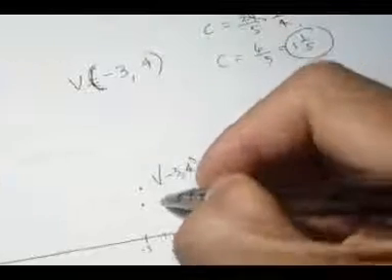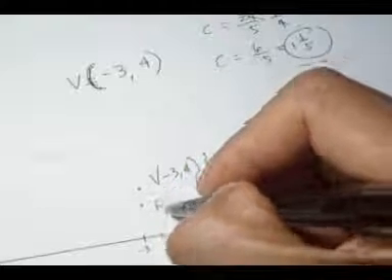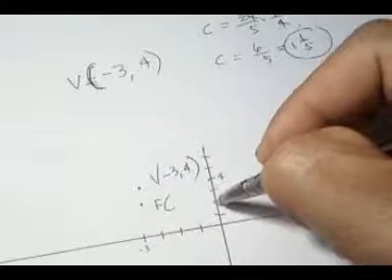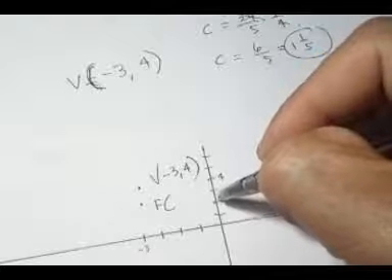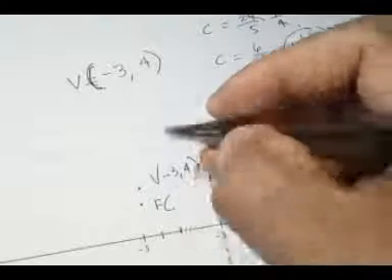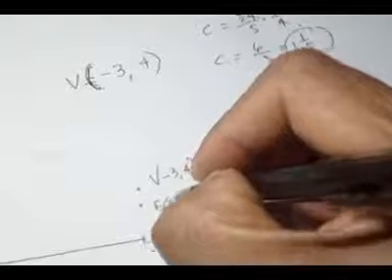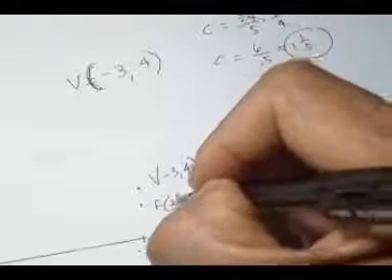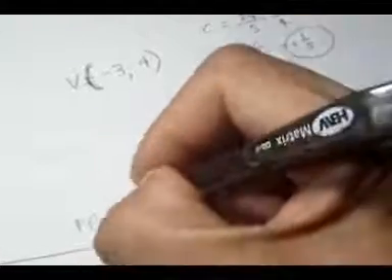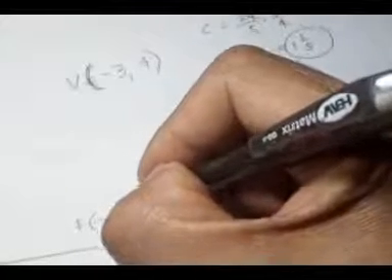Our focus this time is 1 and 1/5, that is 2 and 4/5, rather negative, excuse me, our focus is negative 3 and 2 and 4/5.